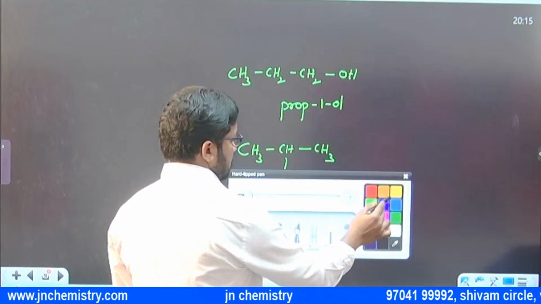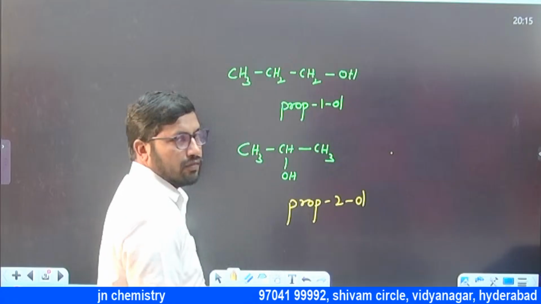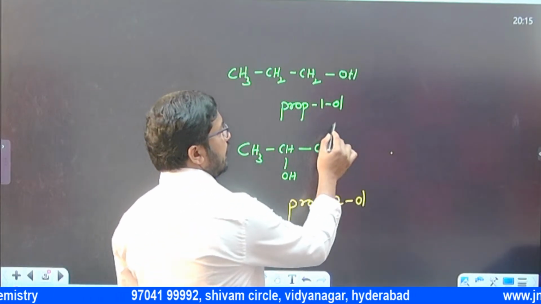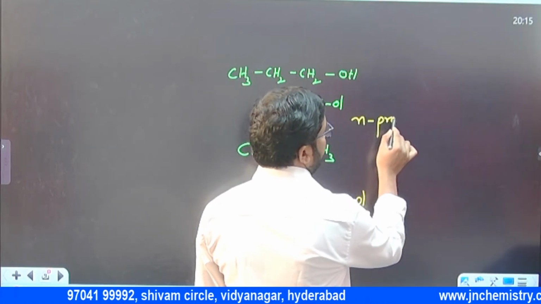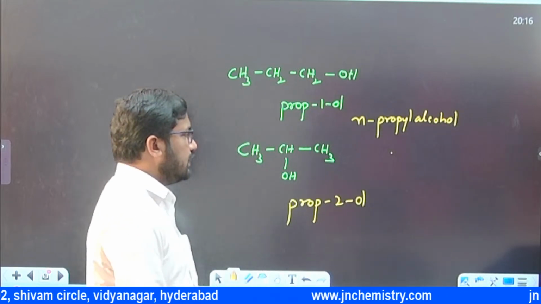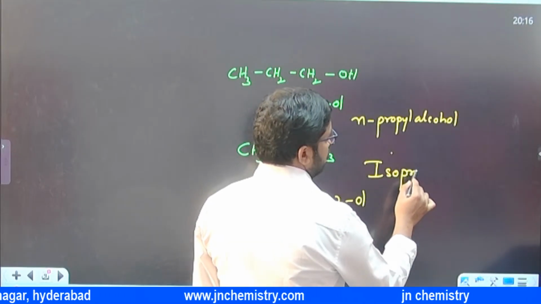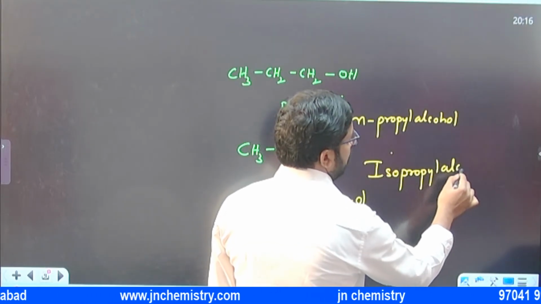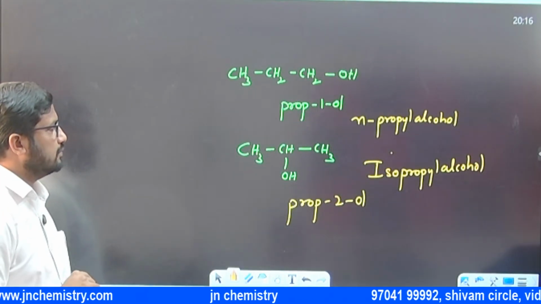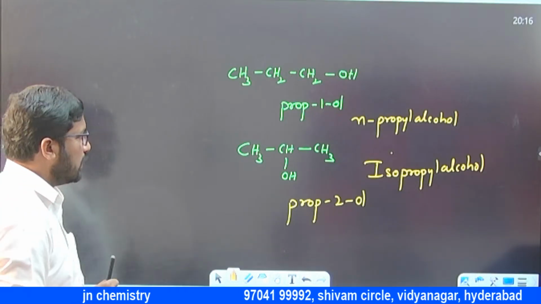In this case, this is propan-2-ol. Propan-1-ol, propan-2-ol. So this we can say n-propyl alcohol, common name. And what is the common name of this? Isopropyl alcohol. N-propyl alcohol, isopropyl alcohol.